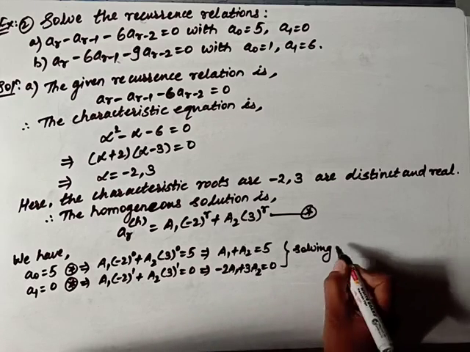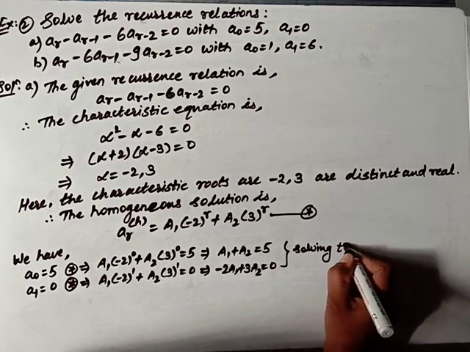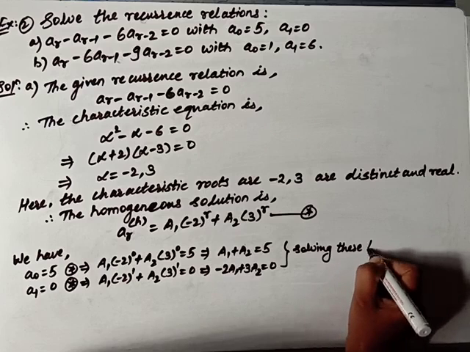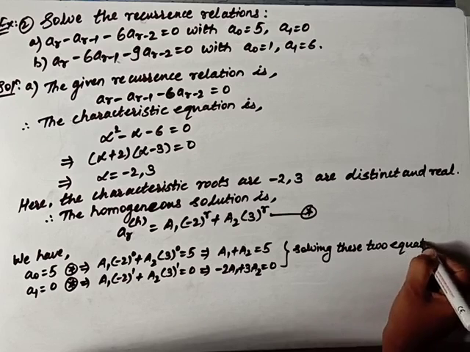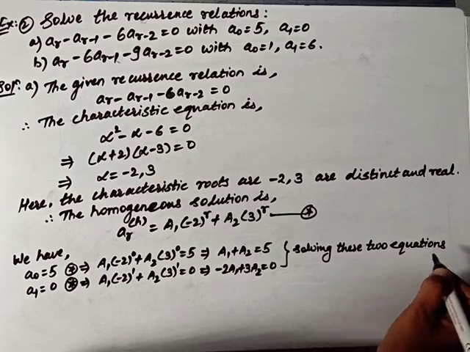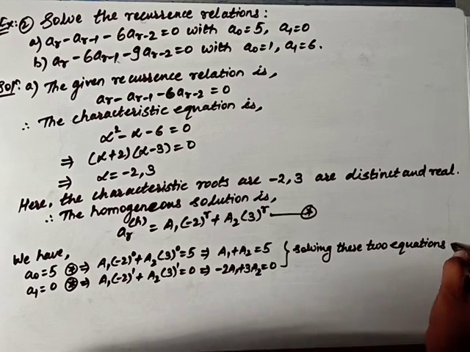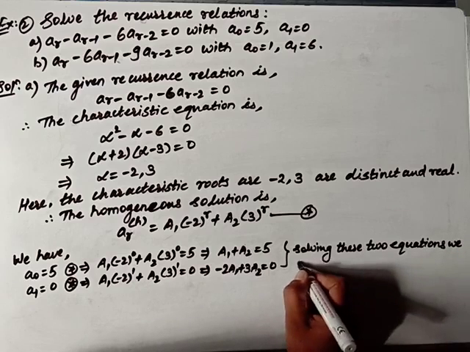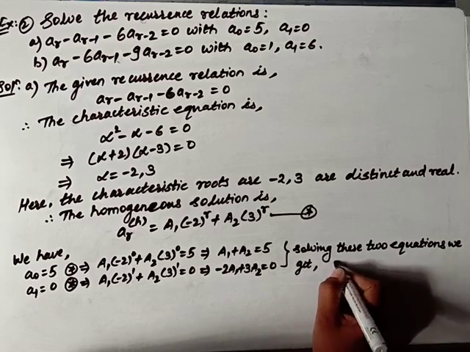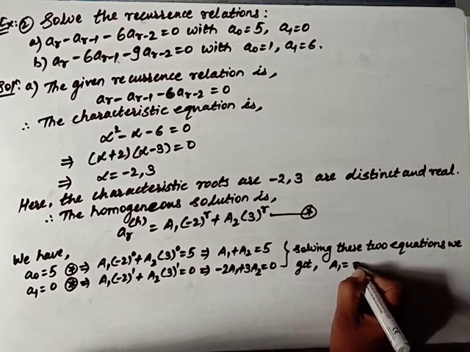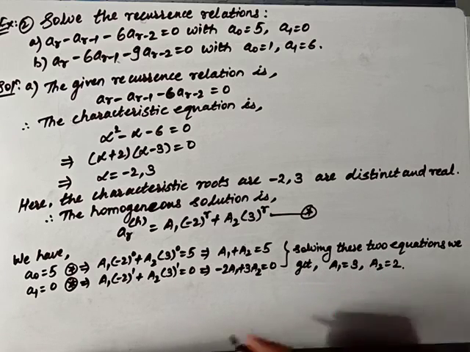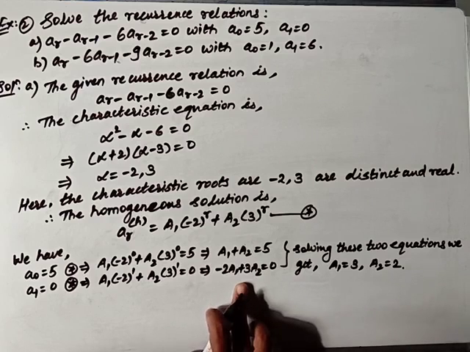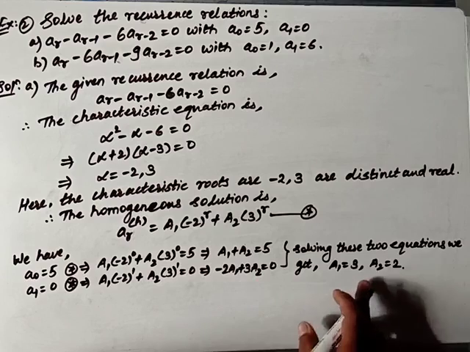So you can solve these two equations, and we get a1 is equal to 3 and a2 is equal to 2. Hopefully you know how to solve these. If you don't know, let me explain this one here.